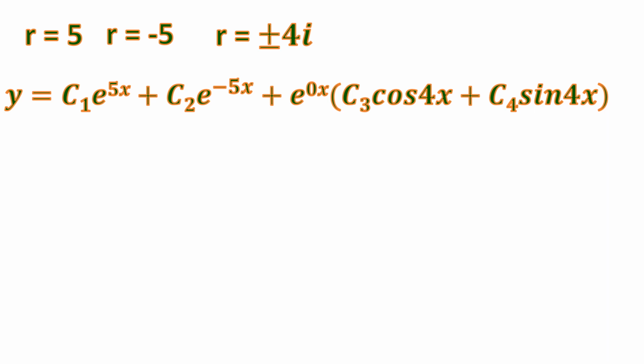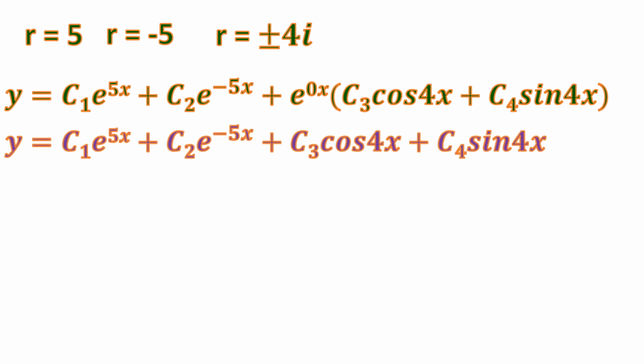So we're gonna follow the format for complex roots. So e raised to the 0x, because there's no real part, times c sub 3 cosine of 4x, because it's 4i, so the angle will be 4x, plus c sub 4 sine 4x. So this is the general solution, and we're gonna find the constants of this equation.